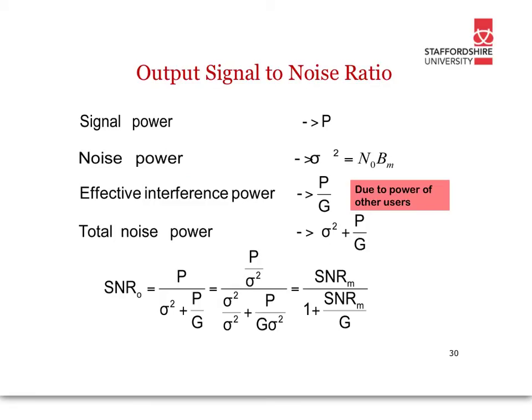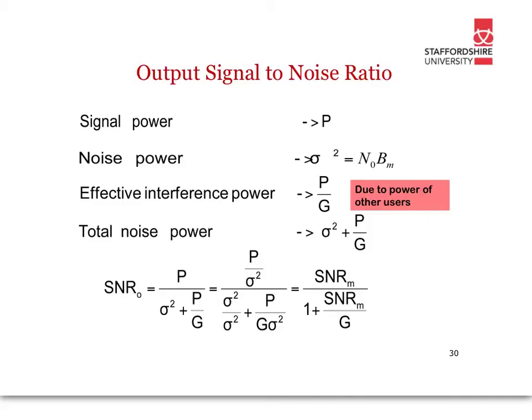So the output signal to noise ratio, if our input signal power is P for all users: the noise power is given by the variance, or sigma squared, which is the noise floor times the bandwidth of only the message, not the bandwidth of the spread code, so the narrow bandwidth.